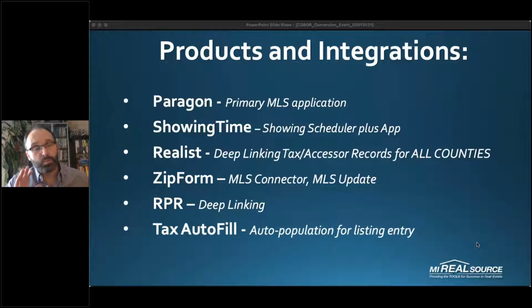Plus, even though we don't provide Zipform, we do provide the integration for MLS Connector, and that allows you to auto-populate any of the forms and documents from the MLS records in Paragon into Zipform. So deep linking for RPR, we provide that too. Not sure if you had that product before.